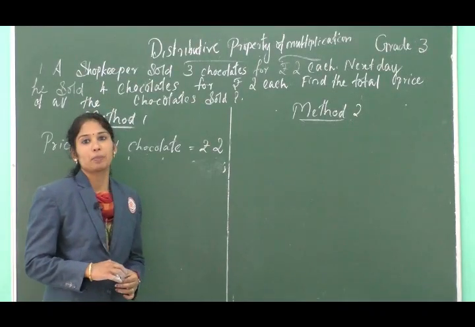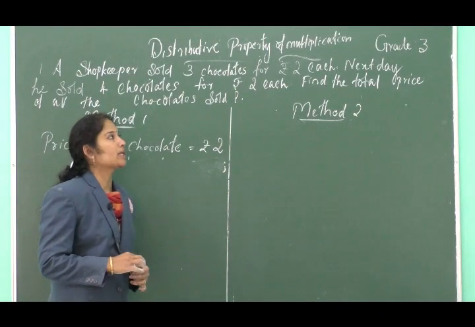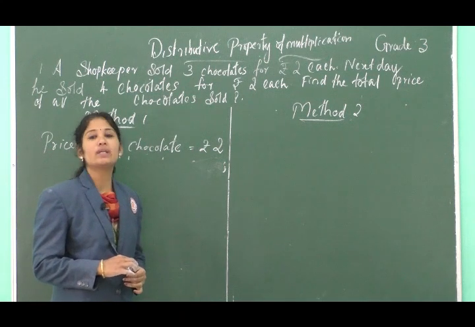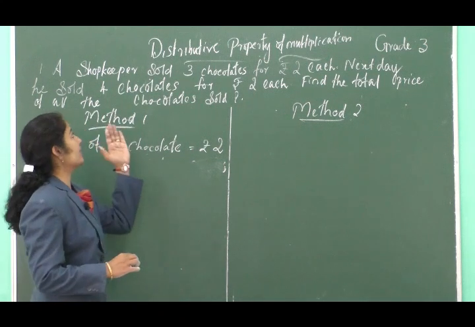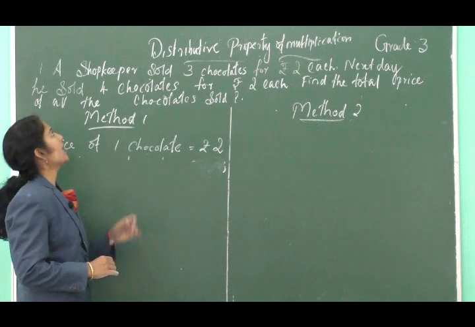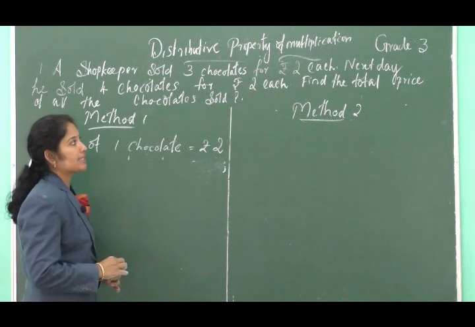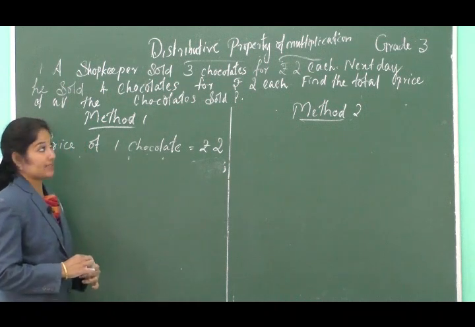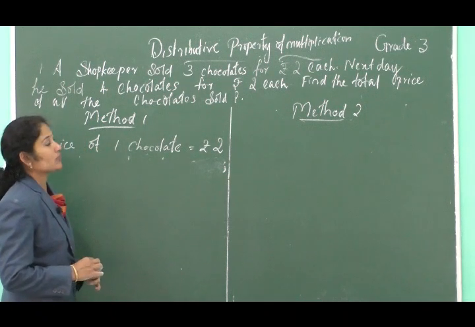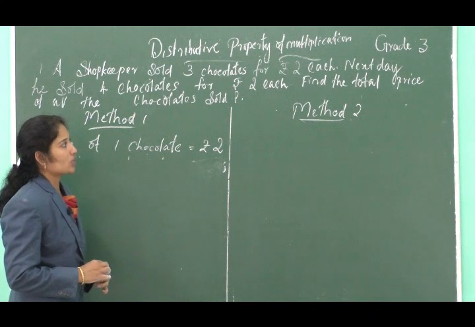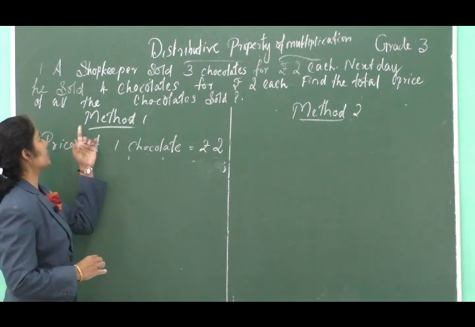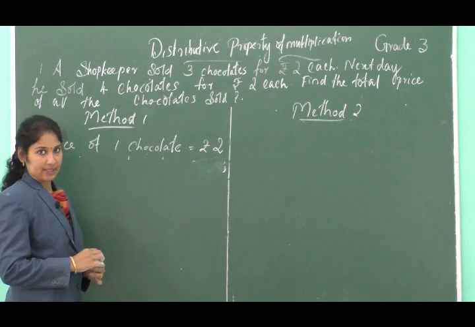Children, our next topic is distributive property of multiplication. We will learn distributive property with the help of example. A shopkeeper sold 3 chocolates for 2 rupees each, and next day he sold 4 chocolates for 2 rupees each. Find the total price of all the chocolates sold.